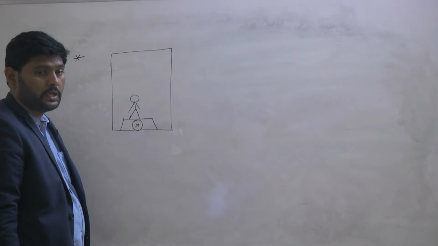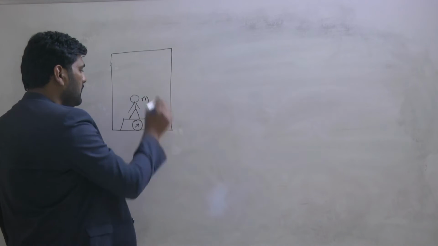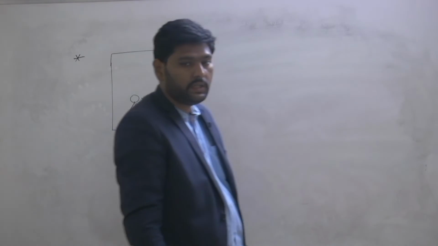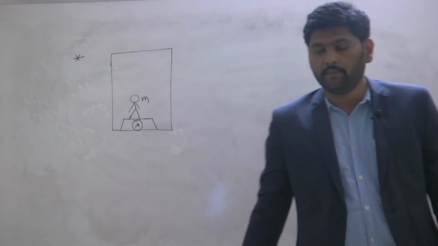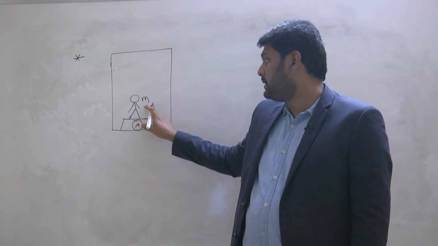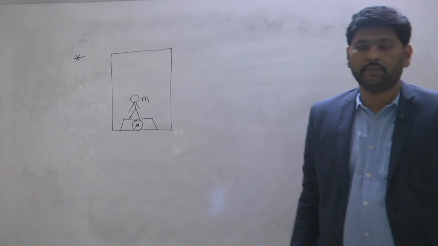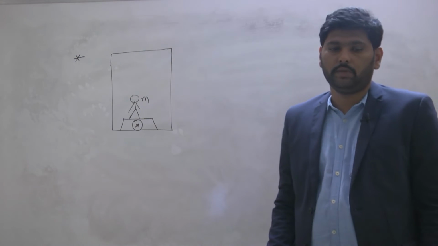On the weighing machine, a person is standing. The mass of the person is small m. The weight of the person is shown by the weighing machine.